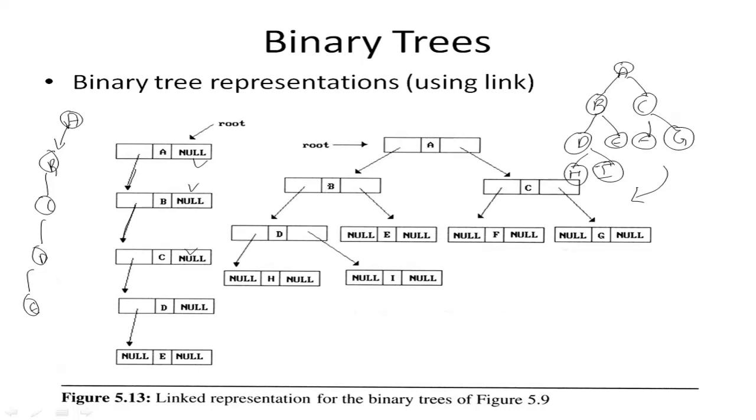The left subtree is starting with B. Then B further has two children which are D and E. D further has a child which is H. H is a leaf node, meaning there are no children for H, so the left and right pointers of H will be null. Whereas for E, it is also a leaf node. See here, there are no children, so both these pointers are null. So this is how the binary tree will be saved in memory if I use linked representation.